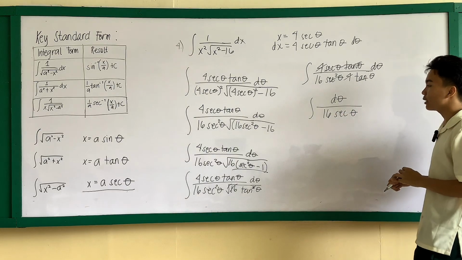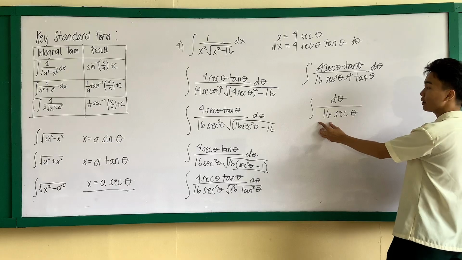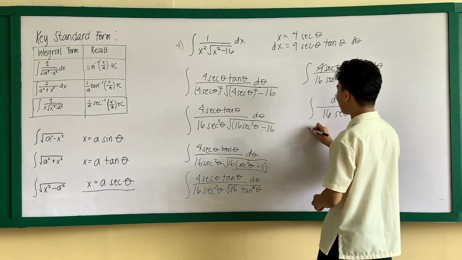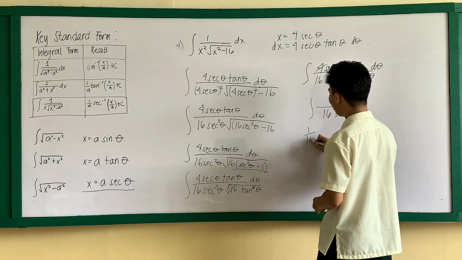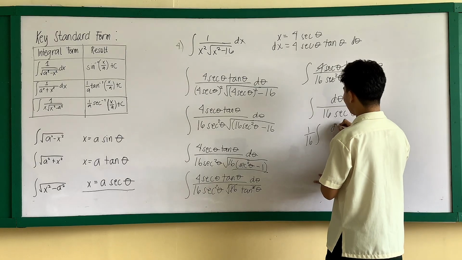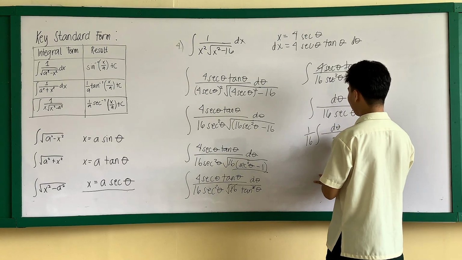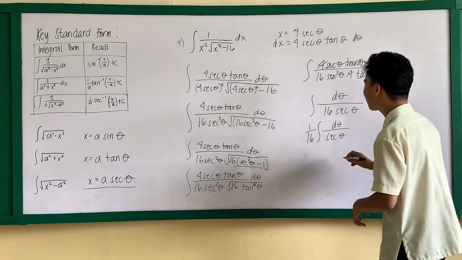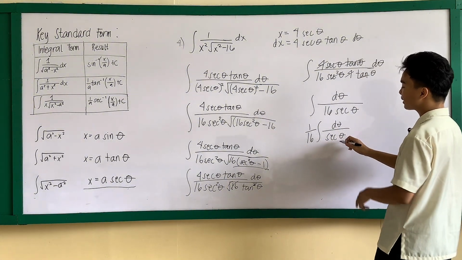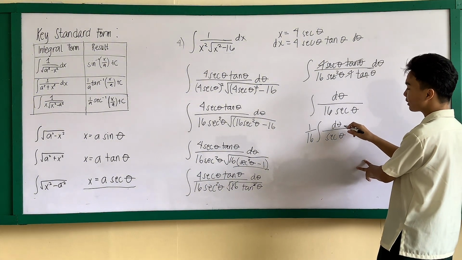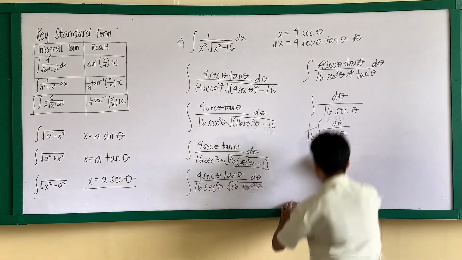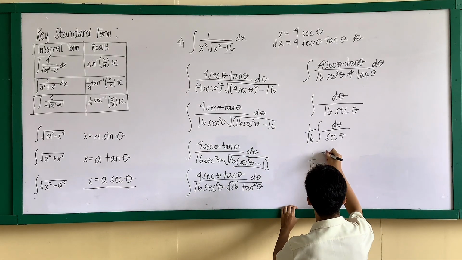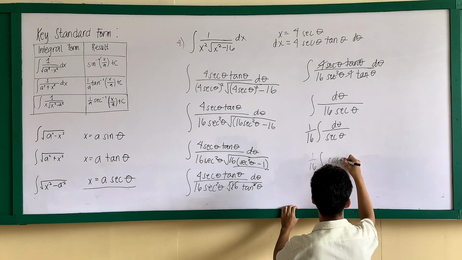So what we should do next is to put the constant in front of the integral. So it's going to be 1 over 16 d theta over secant theta. So now we can substitute d theta over secant theta into cos theta.